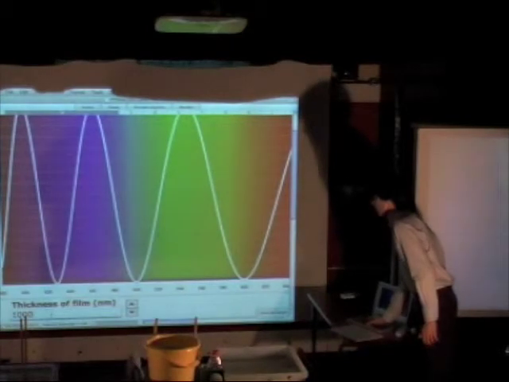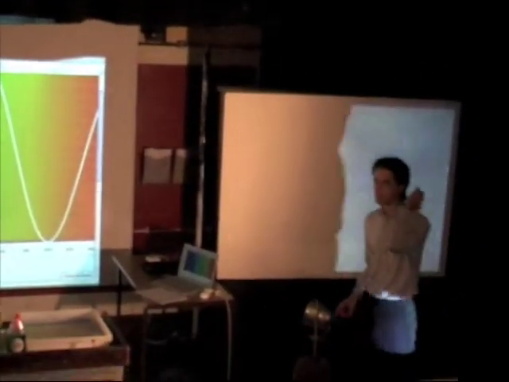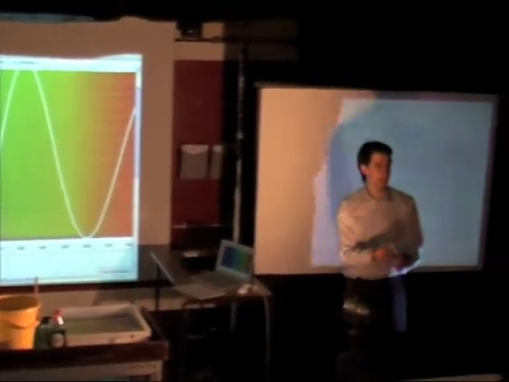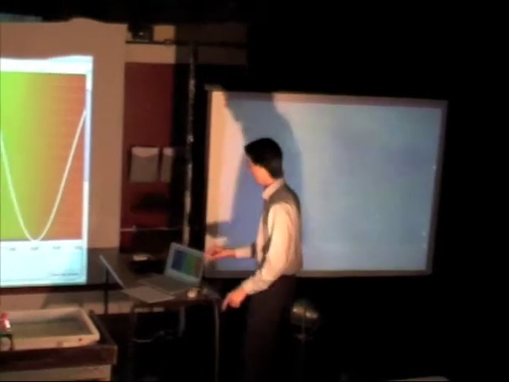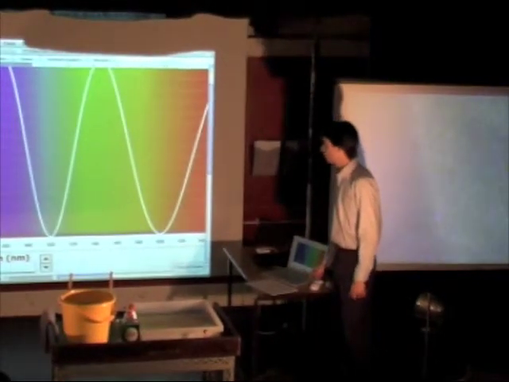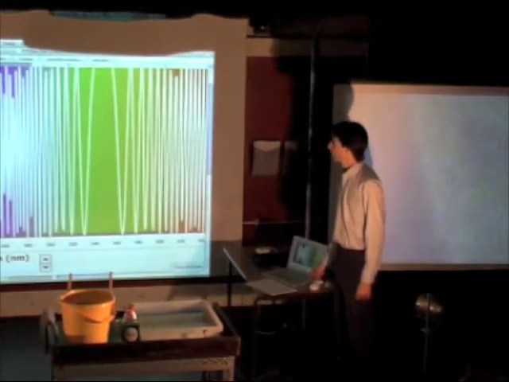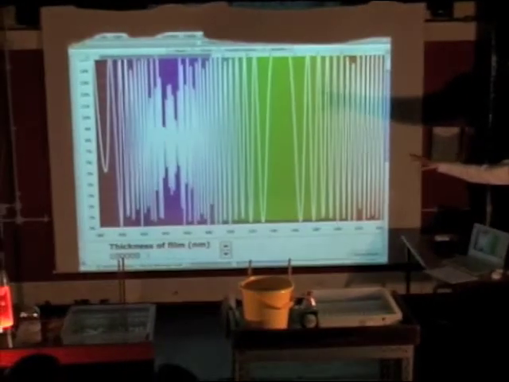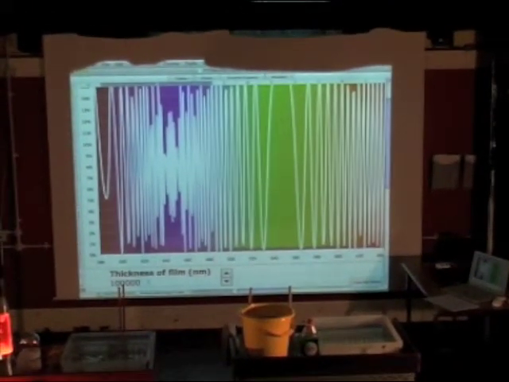Thickness of film. Now I put 1,000 nanometers, micrometer. So you can already tell that I'm going to tell you that these are really thin films, really thin, micrometer in thickness. If I put any more in, if I got just 2 orders of magnitude, that's 100,000 nanometers, then I get a mess. And firstly I get a mess because I haven't used fine enough grains. I've used 1 nanometer steps in my calculation.